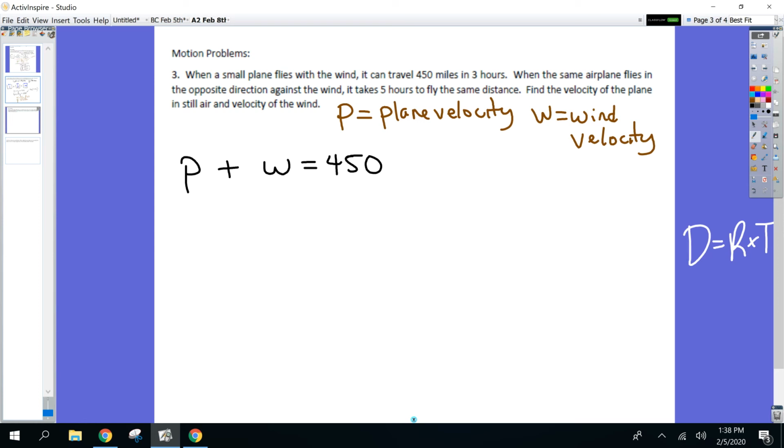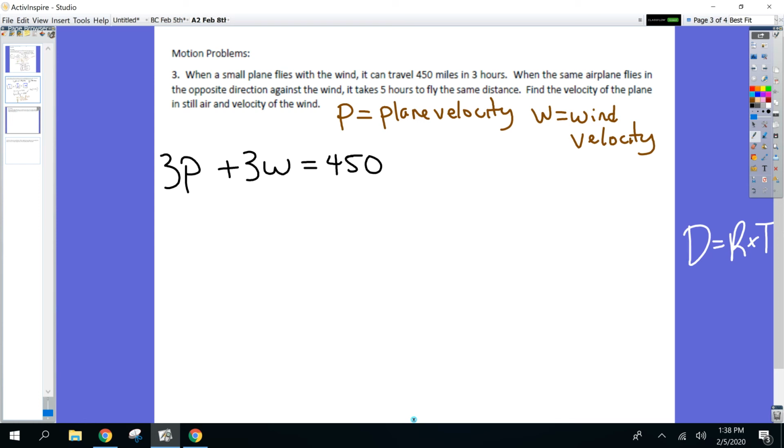I still haven't talked about what? The time, right? Well, where does the time go? With the rate, which is what we're finding. So with the plane and the wind, I'm going to plug in rate times time. 3P plus 3W equals the distance.